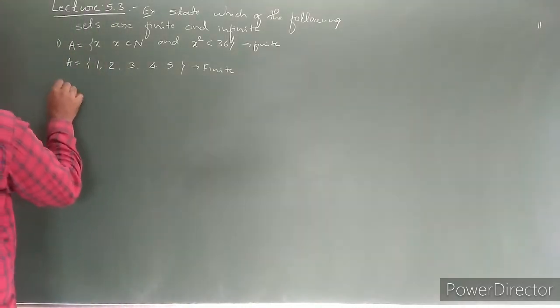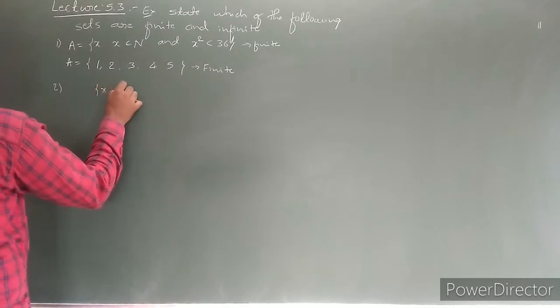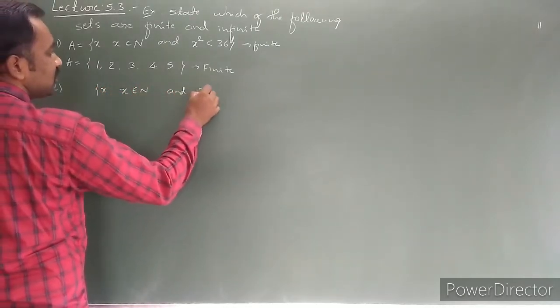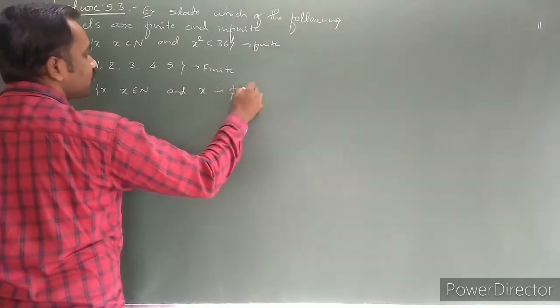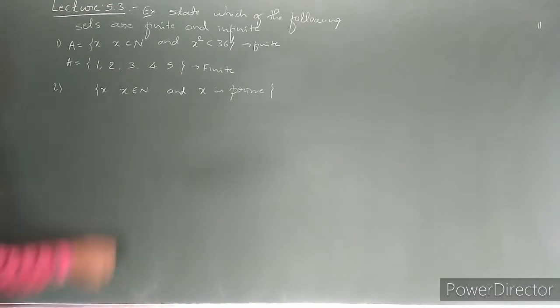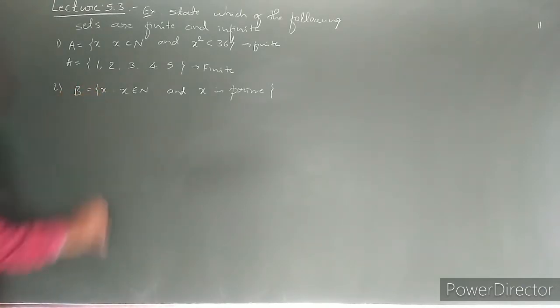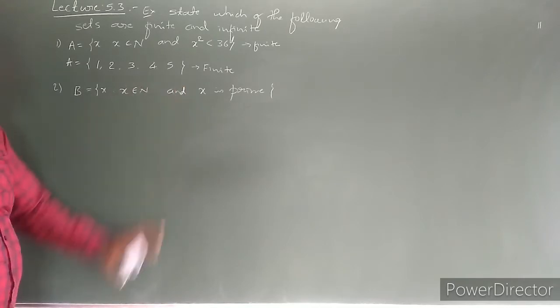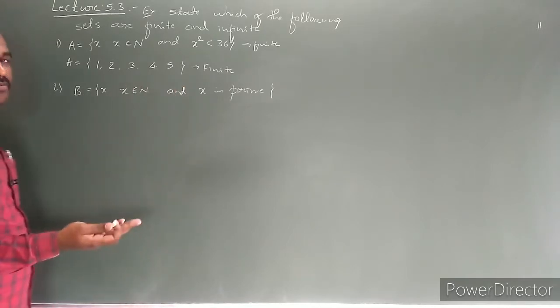Second one is x such that x is a natural number and x is prime. I just name this set as B, let B be equal. So x is a natural number and x is a prime number. We already know the prime number set.